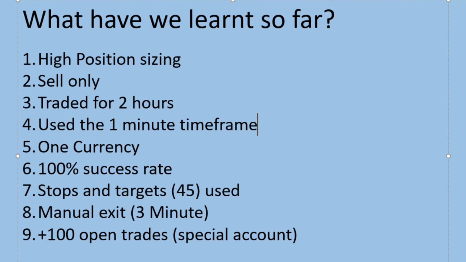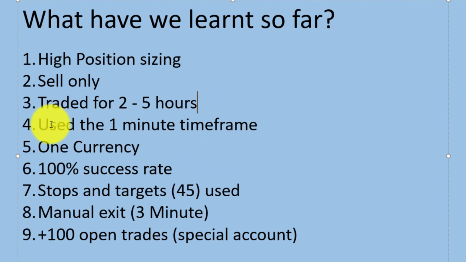So only sells were entered into. It's not at this stage 100% clear how often the trades happen, but the trades happened over a period of 2 to 5 hours. So it is a very short period, trading the 1 minute time frame. That gives you an idea of the trading time frame.